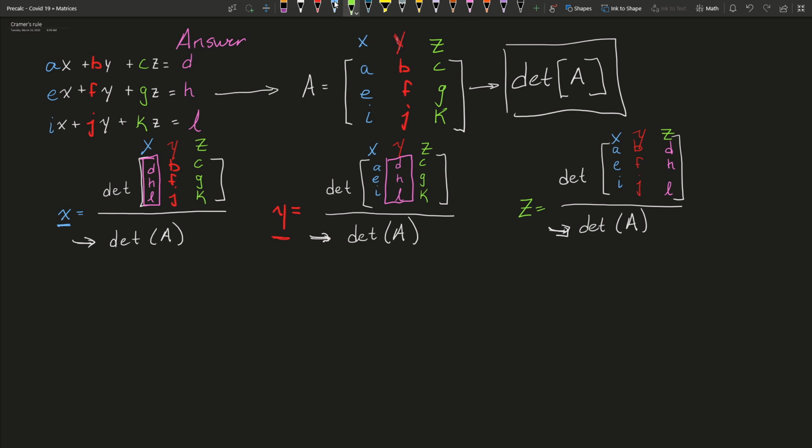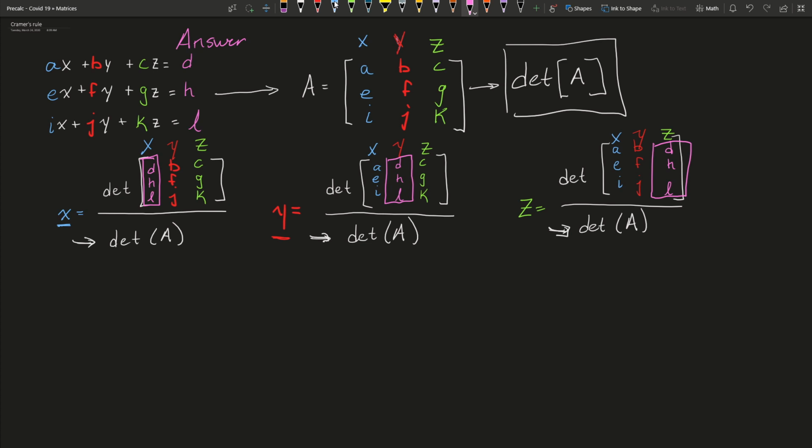Solving for z, we replace our z column with our answer column. Okay, and then we take the determinant of all those matrices, right? So whatever the determinant is for the numerator in x, you divide that by the determinant of our coefficient matrix, and you get what x actually is. Okay, so this is just another way to solve.